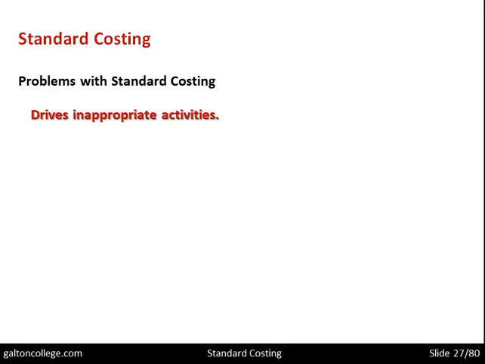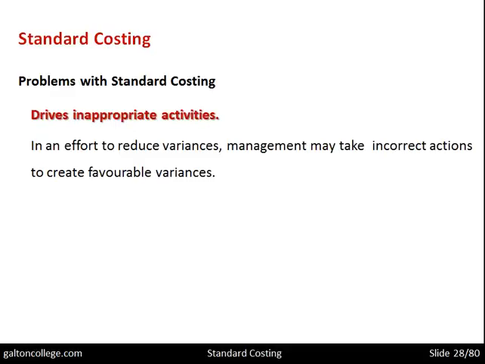Standard costing, well, it drives inappropriate activities. Now, what we mean by that is that in an effort to reduce variances, management may take incorrect actions to create favourable variances. So sometimes the accountants don't want to report wide variances because it looks like their estimates were wrong from the start, or perhaps they didn't work out their standard costs properly at the start.